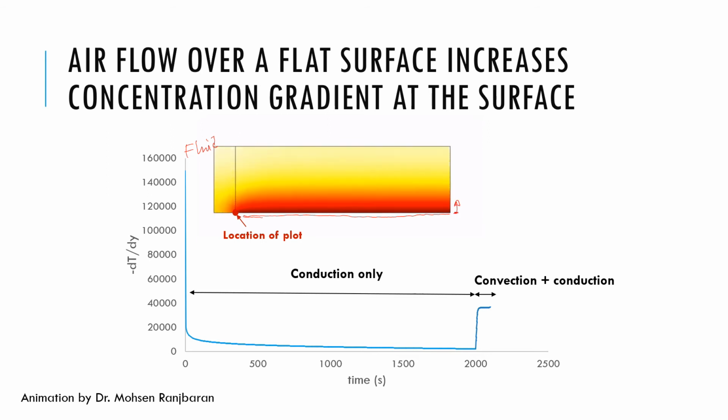So initially the gradient is very large, but with the continuous transfer of heat, as you can see, the color red fills up the screen. It means everything is getting warmer and warmer. As the fluid part gets warmer and warmer, the temperature difference between the surface and the fluid keeps dropping, or the gradient keeps dropping.